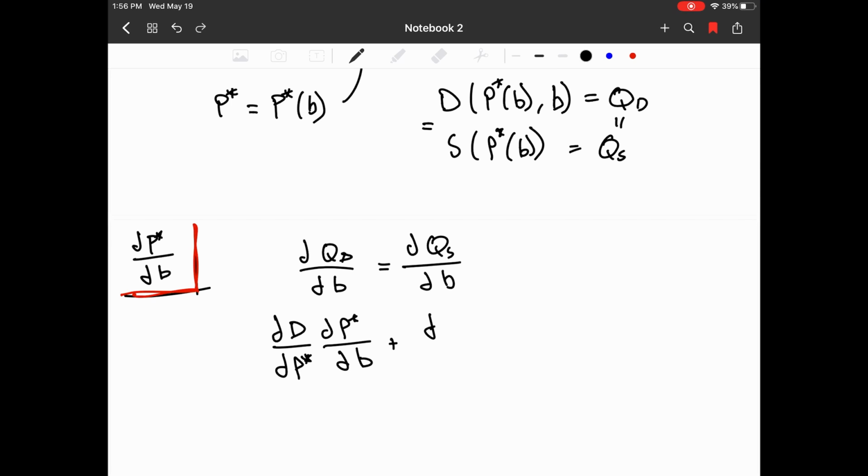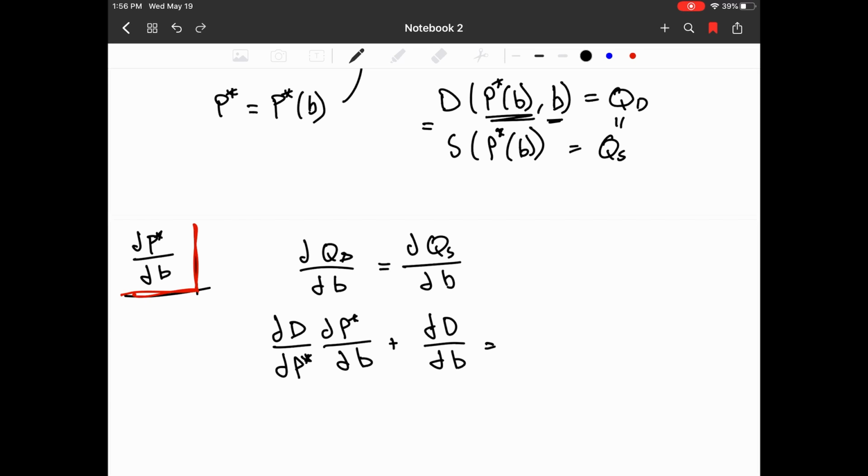So here we have the derivative of d with respect to b directly. So we've first taken the derivative of the first input, and then second we've taken the derivative of the second input. And from our derivative rules, we just add these together.